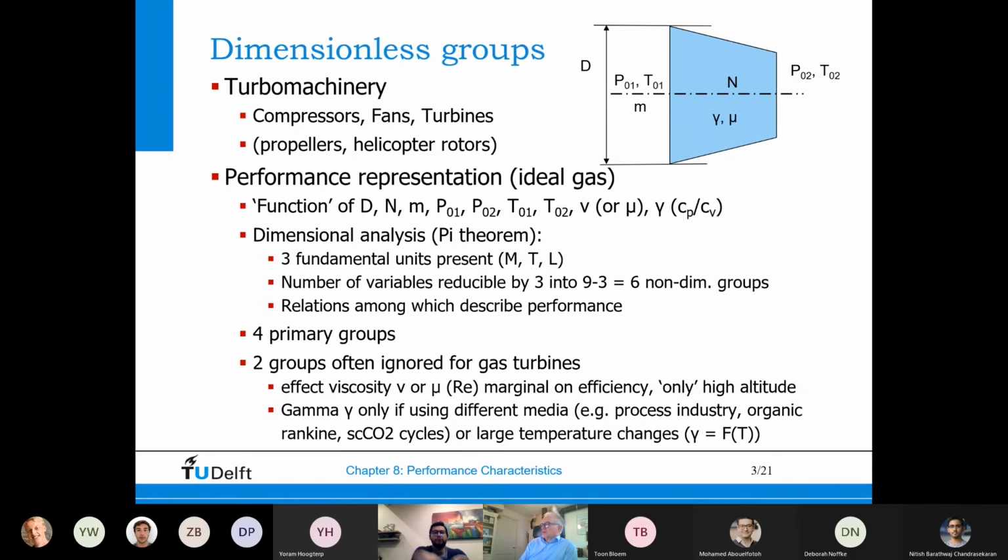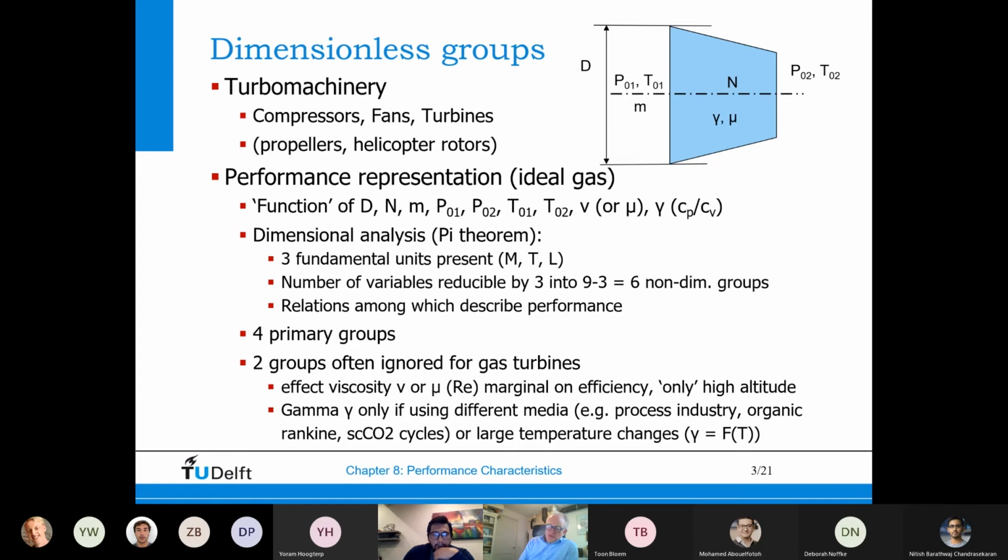So what I'm saying here, a turbo machine, theoretically, the performance is a relationship among 9 parameters, and then we can reduce that using the pi theorem to 6 non-dimensional groups, which is then an efficient way to describe the performance.